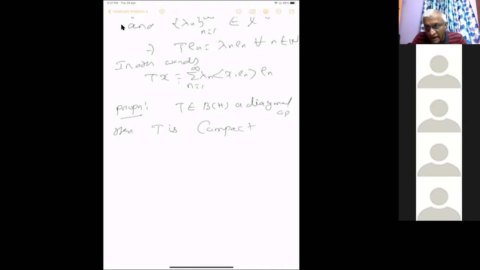Notice that a diagonal operator is automatically normal. I mean, it's just clear. Is it clear? Should I prove it? T e_n is lambda n e_n. So T star e_n is nothing but lambda n bar e_n. Okay.